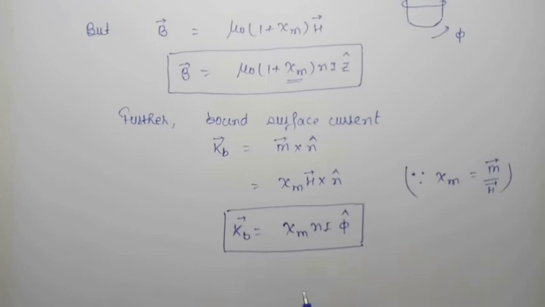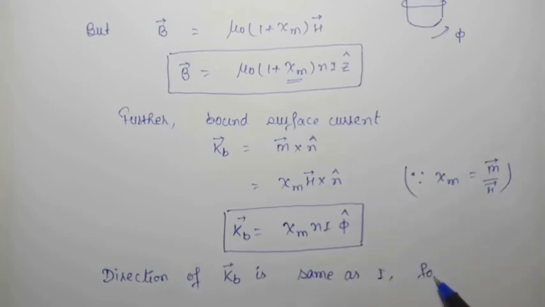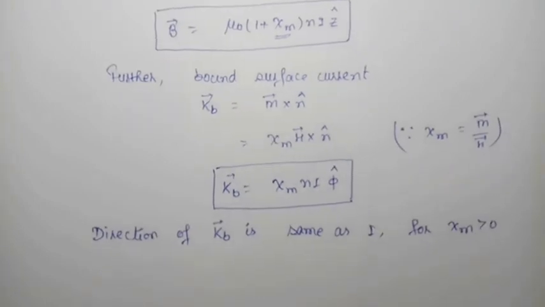The next important point here is direction. The direction of the bound surface current is the same as I for magnetic susceptibility greater than or equal to 0. So the direction of the surface bound current and the direction of current are the same, that is they are parallel, for materials having magnetic susceptibility greater than 0, that is for paramagnetic materials.